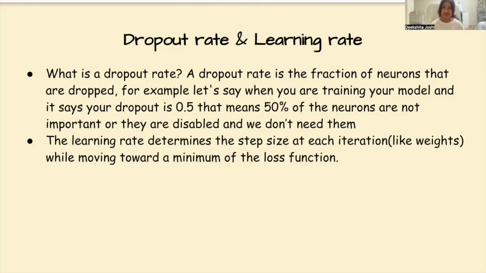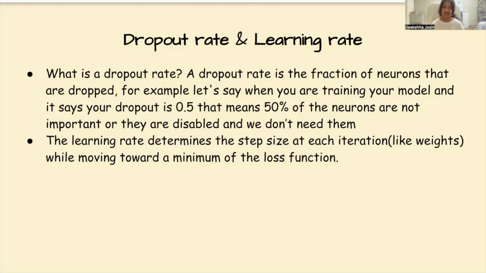So 50% of the neurons are not important or are disabled, so we don't really need them. I think I also mentioned in my last video that it's all based off numbers. If the AI sees that a pixel is 0.0, then it knows that's not important. So in this case, that means 50% of the neurons are not important.